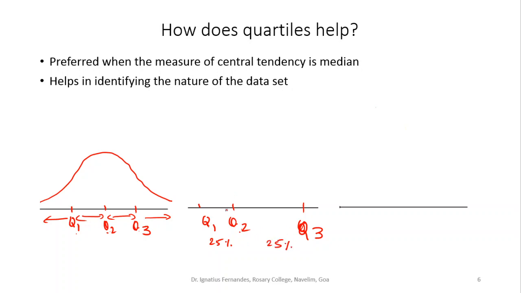The difference is that here the 25% of values are concentrated over a smaller range, whereas here the 25% values are concentrated over a bigger range. So you'll know that more frequencies are concentrated over the small range. So here the frequencies will be higher, whereas in the Q2 to Q3 part, because it's a bigger range, the frequencies will be small. So in a way, you are looking at a frequency curve which is something like this, which will have more frequencies towards the left side.